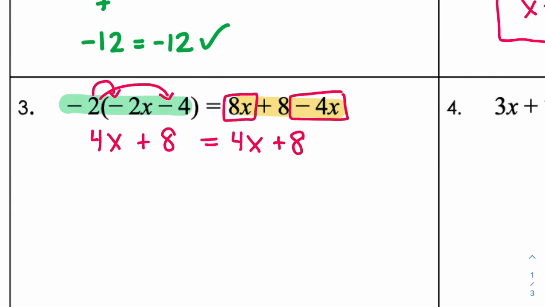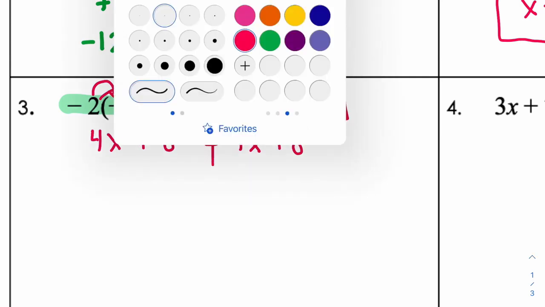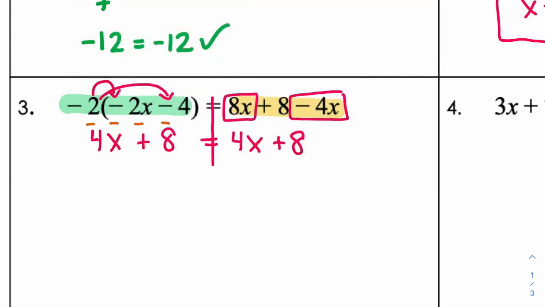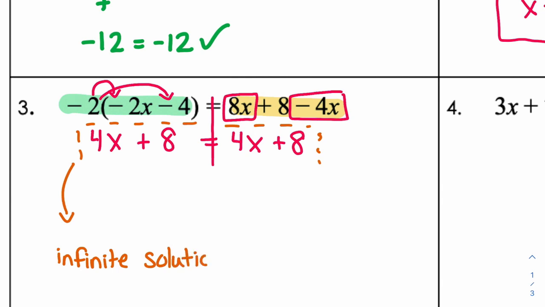And you can actually stop right here. I don't need to go much further because if you notice right at this step, I have the exact same thing on both sides of my equal sign. So I could automatically jump to infinite solutions. So that would be your final answer.